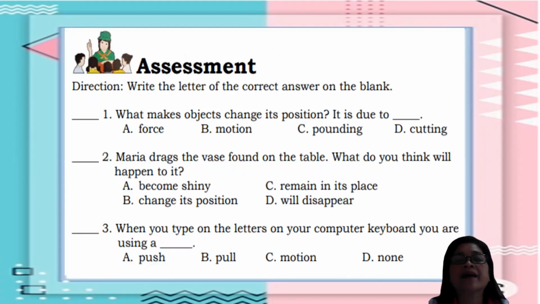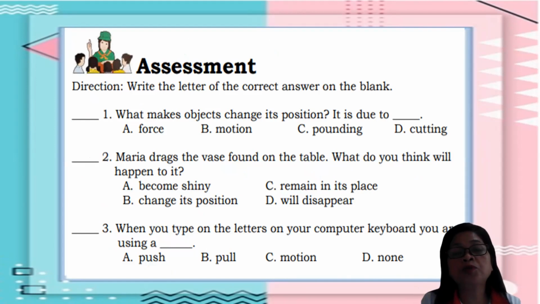All right. Okay, we are now on the assessment part of the module. So you will be assessed on what you have learned. Direction: Write the letter of the correct answer on the blank. Number 1.